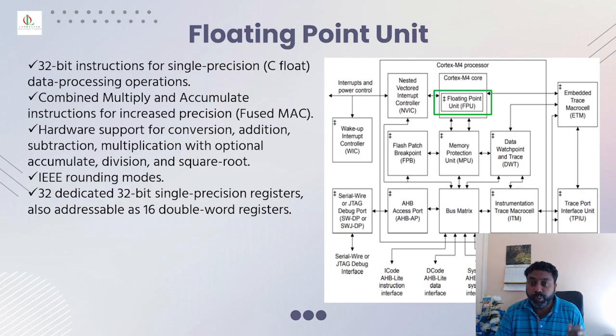And you can also do square root if you want to go further. It supports the IEEE rounding modes, matching IEEE standards. And it has its own 32 dedicated single-precision registers, with 16 double-word registers. So a word is 16 bits, and to get to 32 bits you need to use two 16-bit double-word registers.